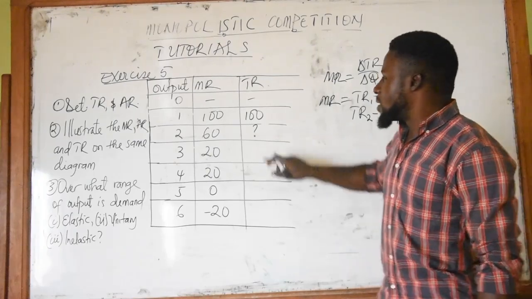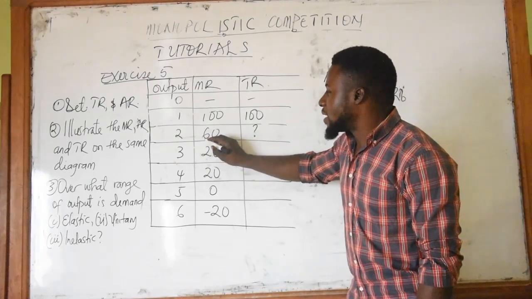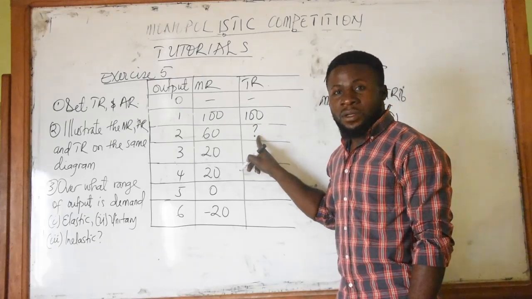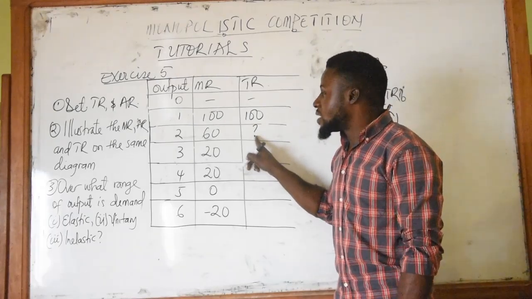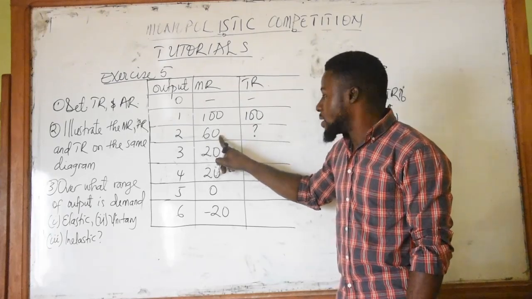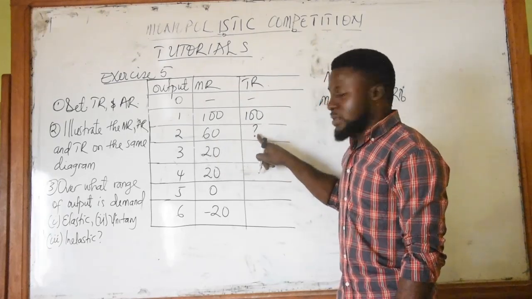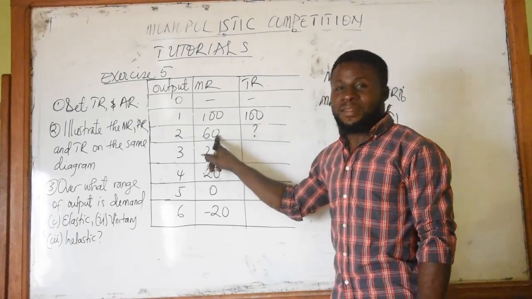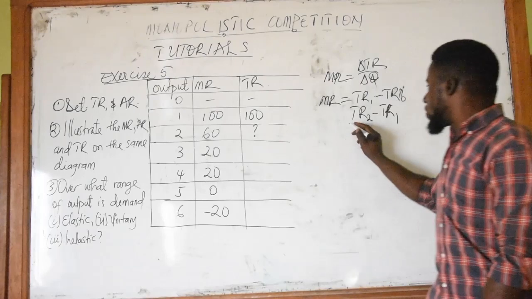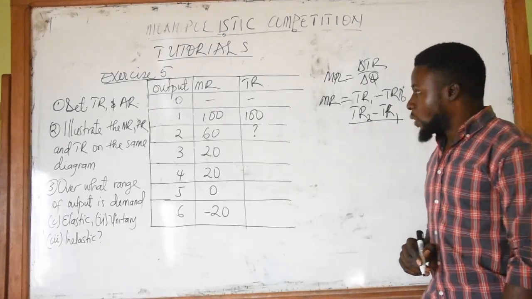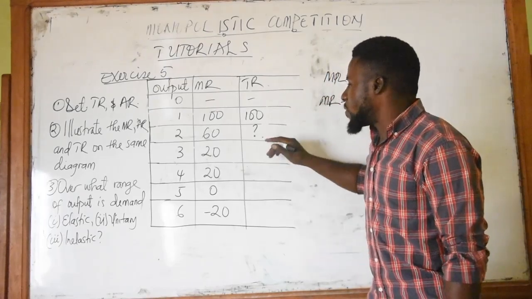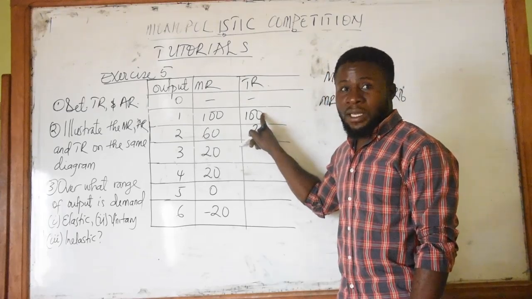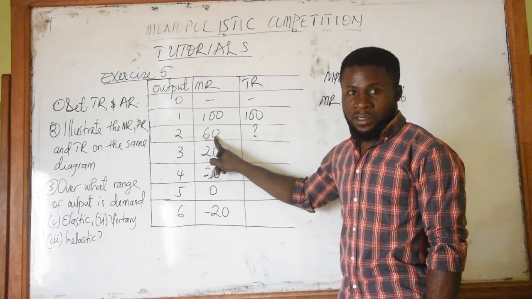Since we already know the marginal revenue here and do not know the corresponding total revenue, the formula, present total revenue minus previous total revenue, should give us this marginal revenue of 60. So we just need to ask ourselves, what is that value that when I subtract 100 from it, it gives me 60?